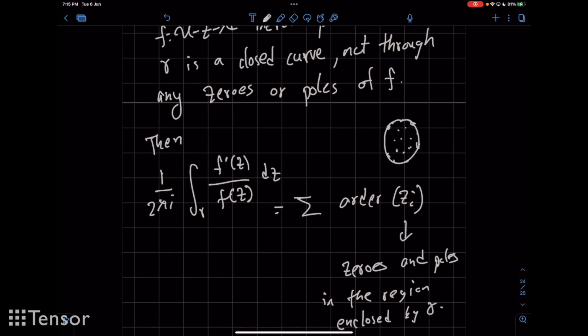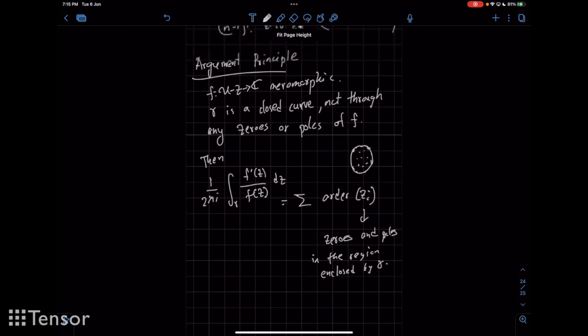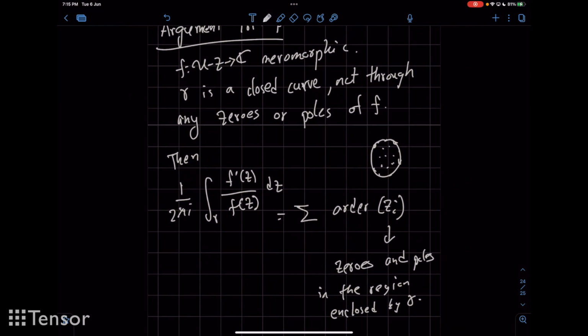Okay. So this is the argument principle.